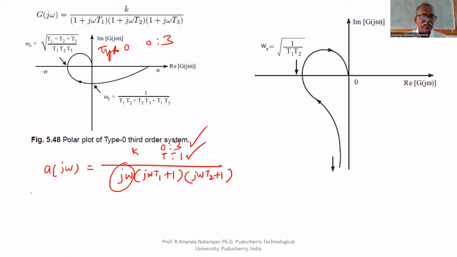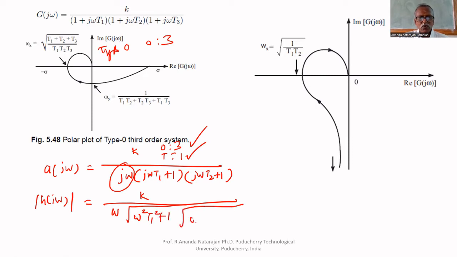Here, let us find the magnitude, the modulus of G of j omega, equal to K upon omega times the square root of omega square T1 square plus 1, times the square root of omega square T2 square plus 1. That's all. What is the angle?